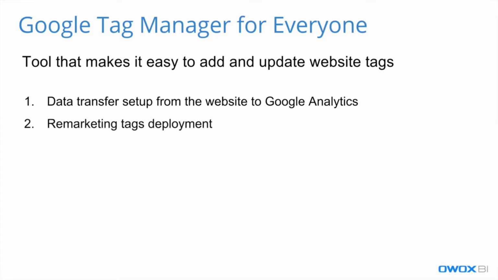Then it also is widely used for deploying marketing tags. It means that if a visitor entered some particular section of the website, and you would like to remarket only that particular segment of users who visited a particular category or performed several actions which match some pattern, then you can use data sent via GTM to a service like AdWords, for example, and target those users based on this data.